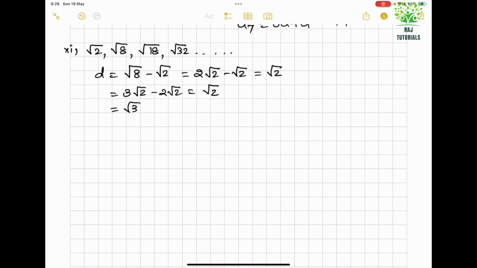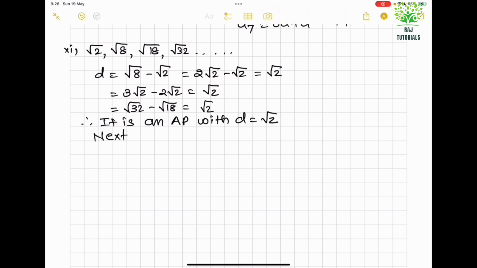Then root 32 minus root 18 also comes as root 2. So the common difference is the same. Therefore it is an AP with d equal to root 2.